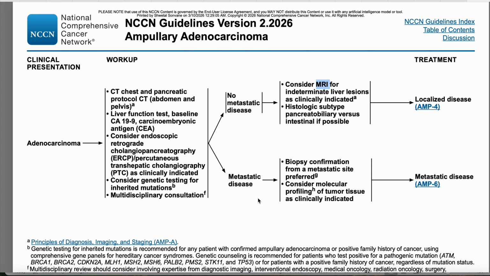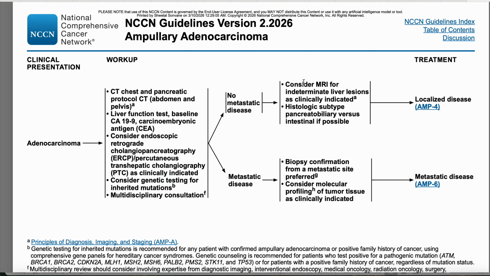And second thing, if it is metastatic, biopsy confirmation from a metastatic site, and consider molecular profiling of tumor tissue as clinically indicated. So if it is non-metastatic, we will do CT scan chest, abdomen, pelvis, pancreatic protocol, liver function, CA19-9, CEA, ERCP, stenting accordingly, and genetic testing and multidisciplinary consultation.